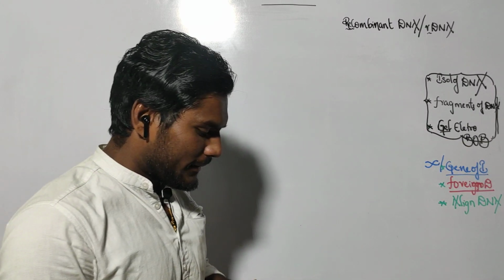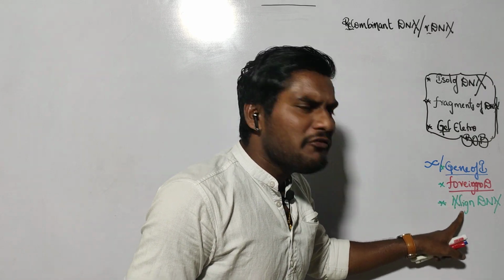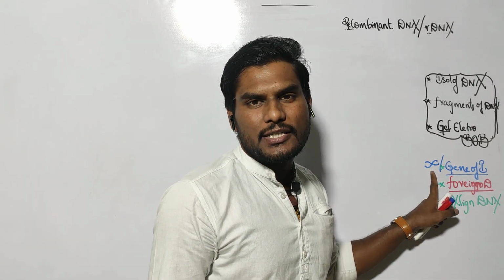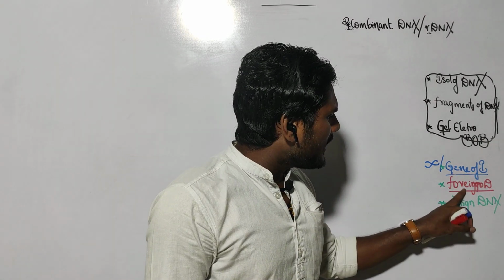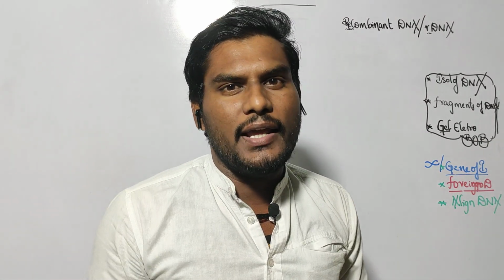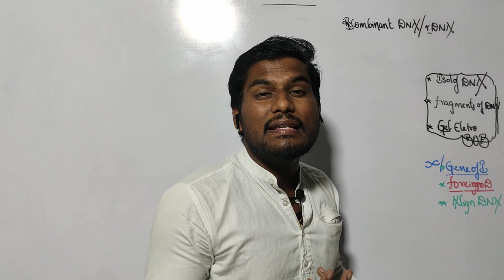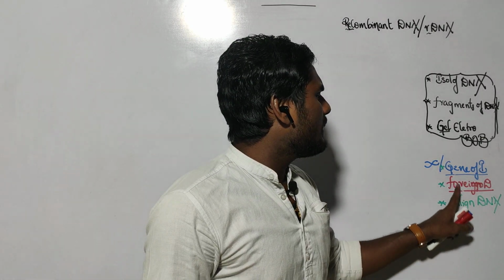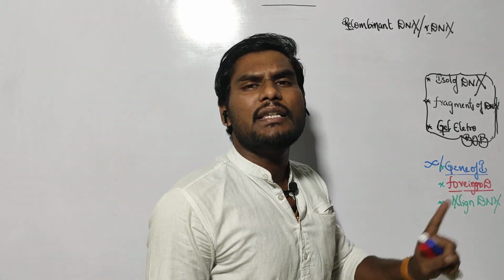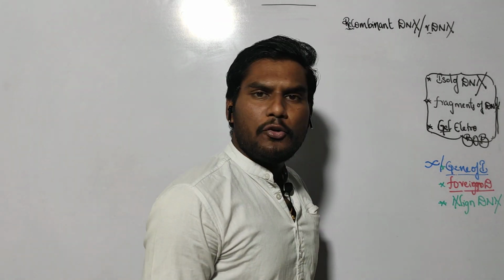Yes, 3 names are there. If you find any one of these 3 words, remember we are talking about nothing but the gene of interest. Generally it is called gene of interest, another name is foreign DNA, and another name for foreign DNA is alien DNA. Alien DNA means nothing but gene of interest, foreign DNA means nothing but gene of interest.